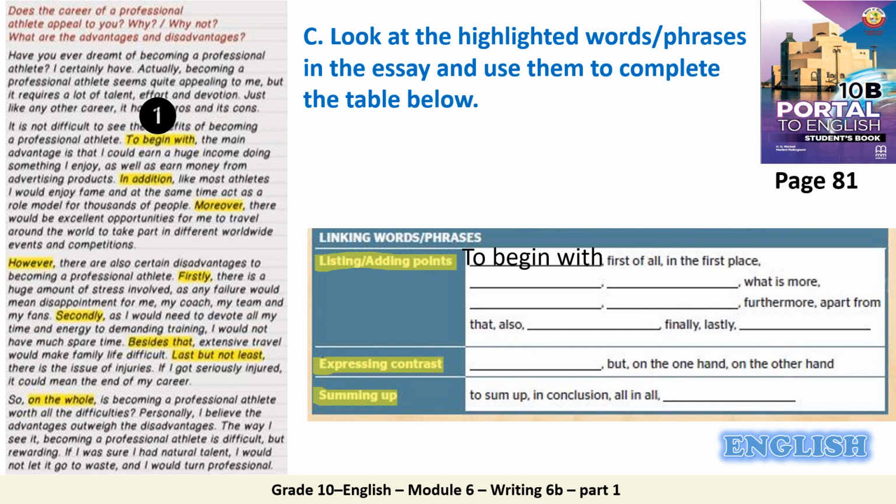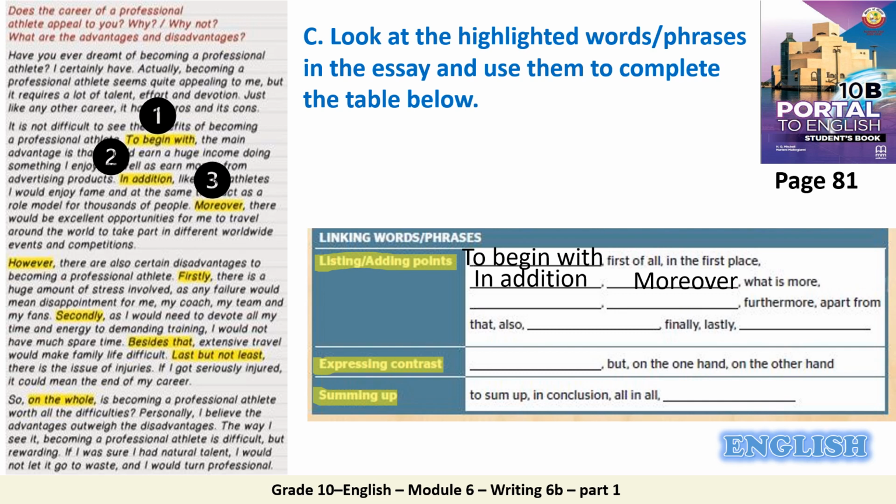All right, so linker number 2, in addition, this is also a listing linker. After that, moreover, this is a listing linker. Very good. Now, what about however? Is it listing linker? Look at in which paragraph it's used.